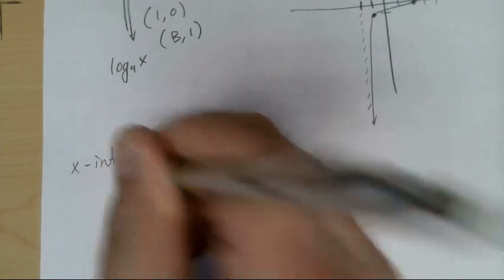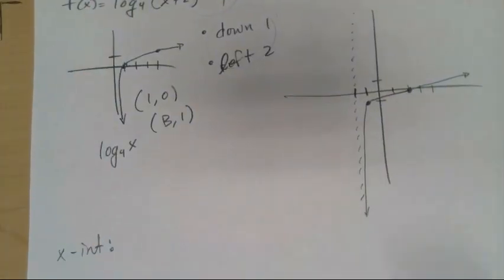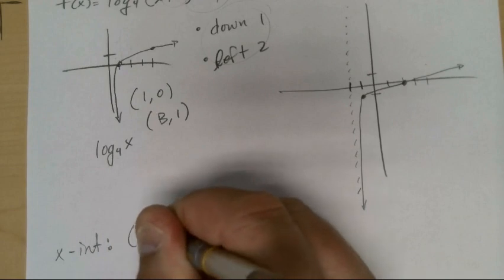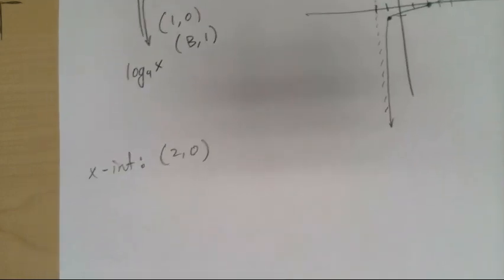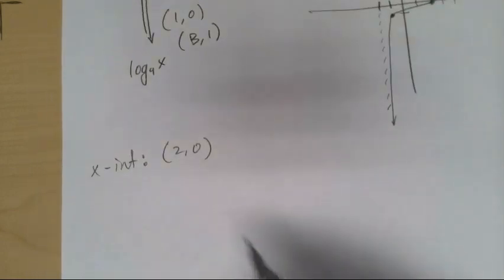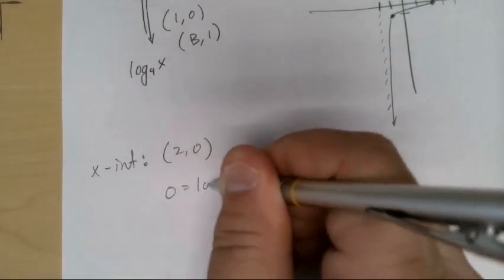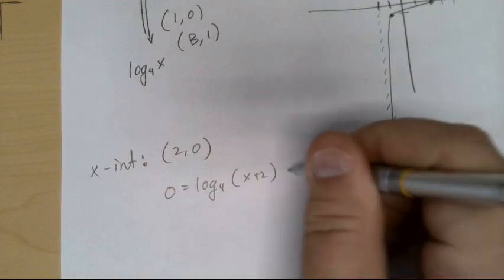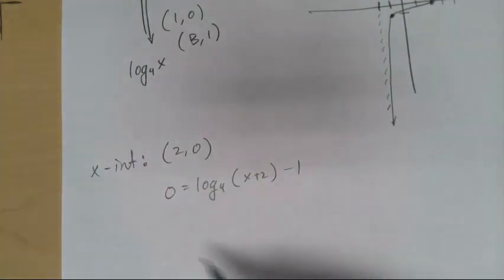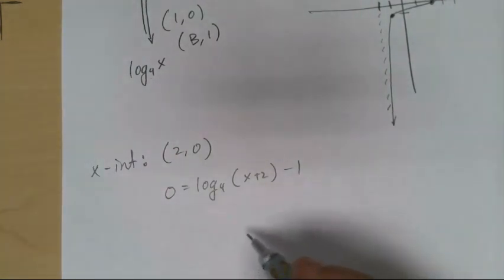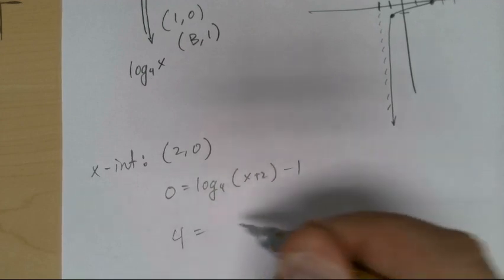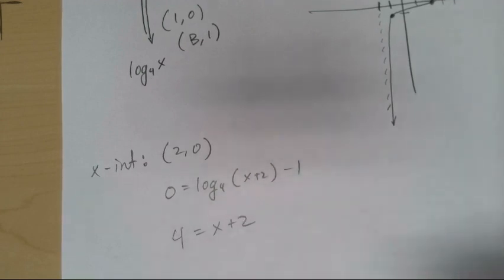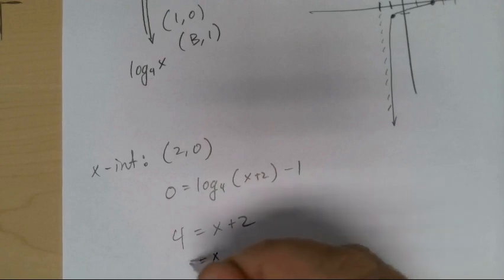If I have the graph, I could look, oh, there's the x-intercept, it's at 2, 0. If I don't have the graph, I can always go 0 equals the log base 4 of x plus 2 minus 1 and solve it. So I'd add 1 to each side, and I'd go 4 to the power of 1. That's 4 equals x plus 2, and I know I skipped a couple of steps. I could subtract 2 and I get x equals 2.